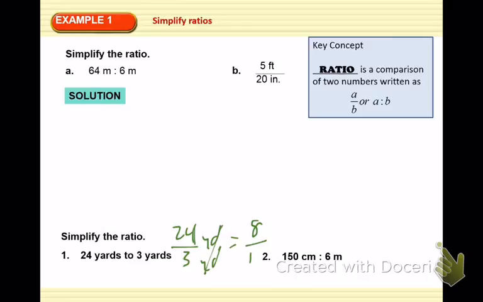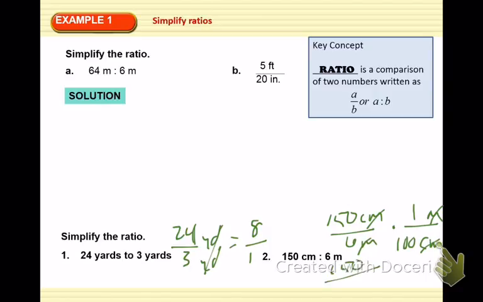Okay? 150 centimeters to 6 meters. I can't just straight reduce. I've got to turn these guys. I got to use a conversion factor to make sure that I can divide out my units. 1 meter is 100 centimeters. So meters will divide out here, centimeters divide out here, and we get 150 over 100.